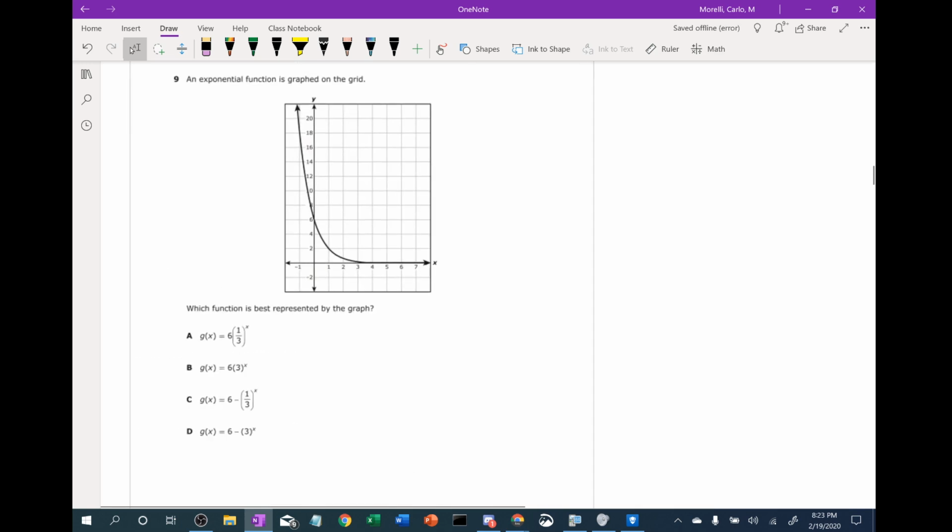So this is another exponential here. This is number 9 from the 2019 test. It says an exponential function is graphed on the grid. Which function is best represented by the graph? Oh, this is easy. And we'll let it catch up here for my OG Math Discord audio streaming chat partners.